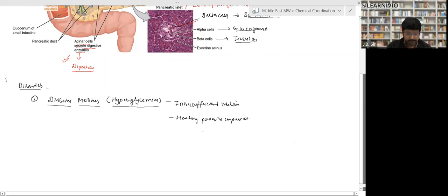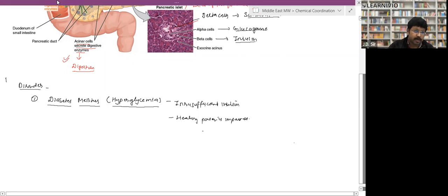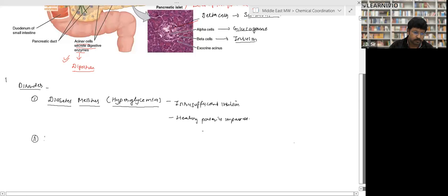It's a very bad disease. The next one is hypoglycemia, right? That is a low sugar level. It is more dangerous than hyperglycemia, right? Second one is hypoglycemia.